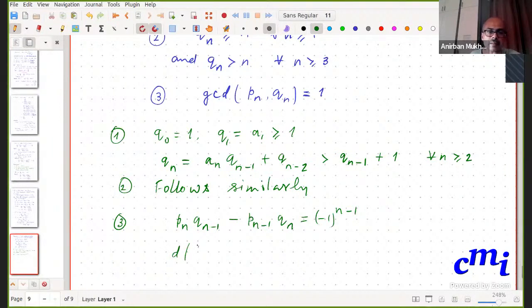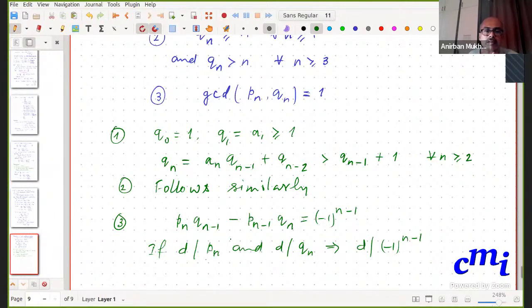So if D divides Pn and D divides Qn as well, then D divides (-1)^(n-1), because it divides the left hand side, and therefore it divides the right hand side, which is just plus or minus 1. Therefore, D has to be 1. So GCD has to be 1.